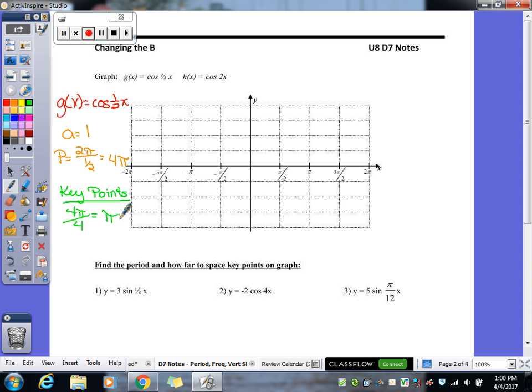So at 0 I'm going to have a key point, at pi I'm going to have a key point, at 2 pi I'm going to have a key point, negative pi, and negative 2 pi. Those are where all my key points are going to be. And again, those are your highs, your lows, and your zeros. So now we have to follow the basic shape of our graph. Cosine, where does cosine start? Did it start at 0 or did it start at 1?